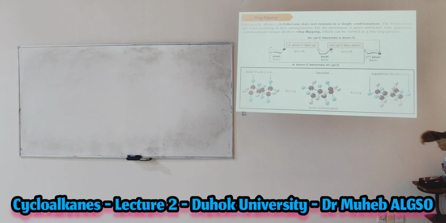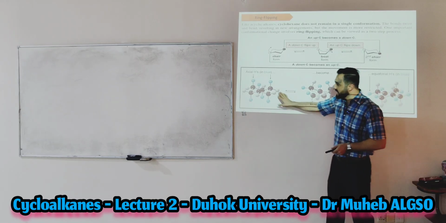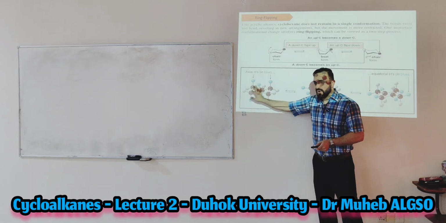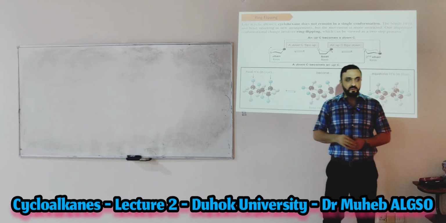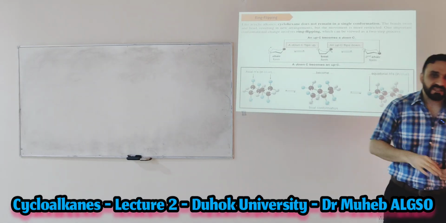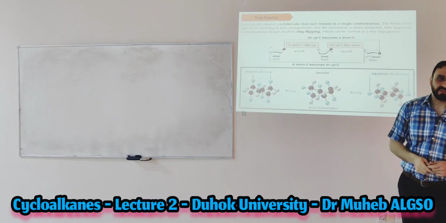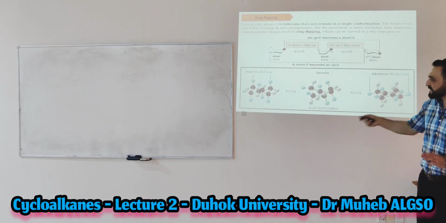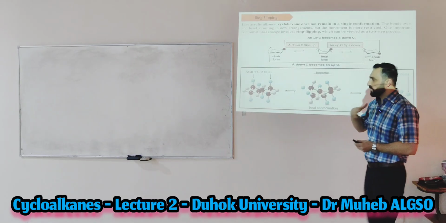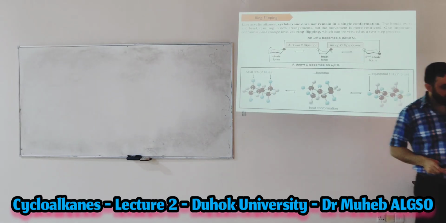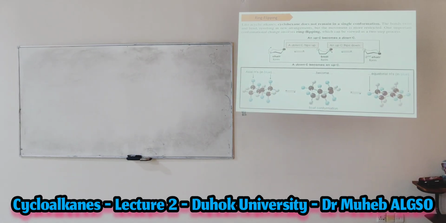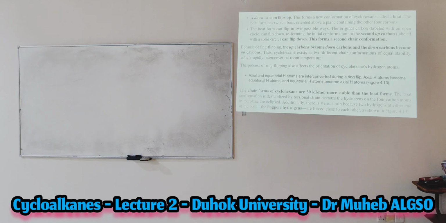Why? Because now we talk about just unsubstituted cyclohexane, with every carbon having hydrogen atoms and no substituent on the ring. But if we talk about substituted cyclohexane, the situation will be different.